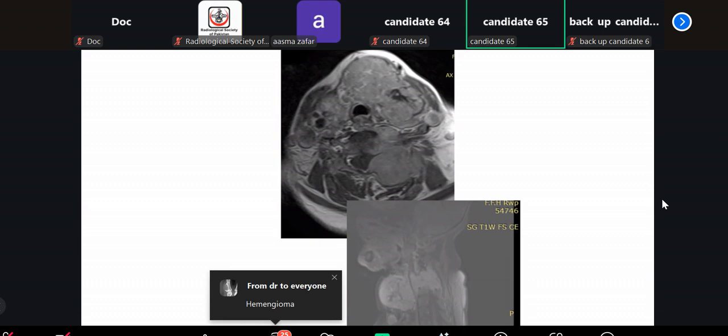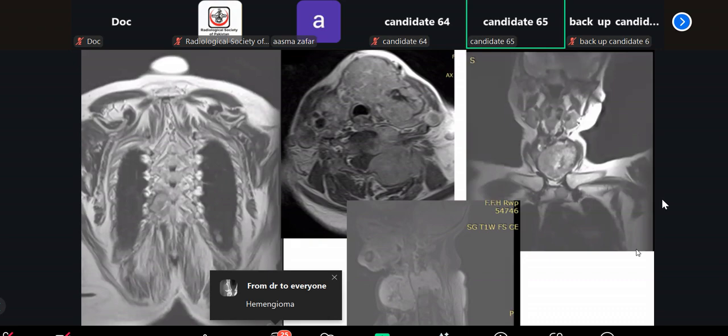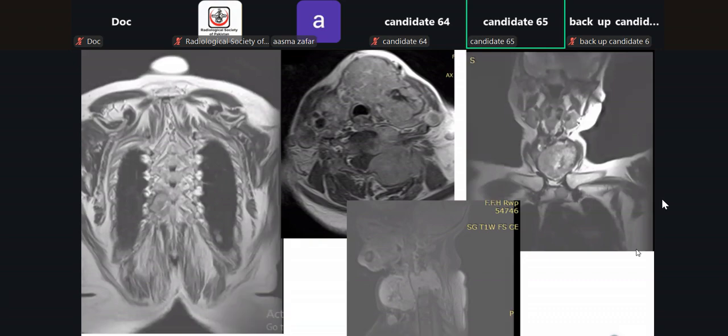This is the post-contrast image of the same patient, in which there is a component arising from the spinal canal, an avidly enhancing component. It is causing contralateral shift of the cord with mass effect on ipsilateral muscles of the back. There is a central hypointensity on coronal images.